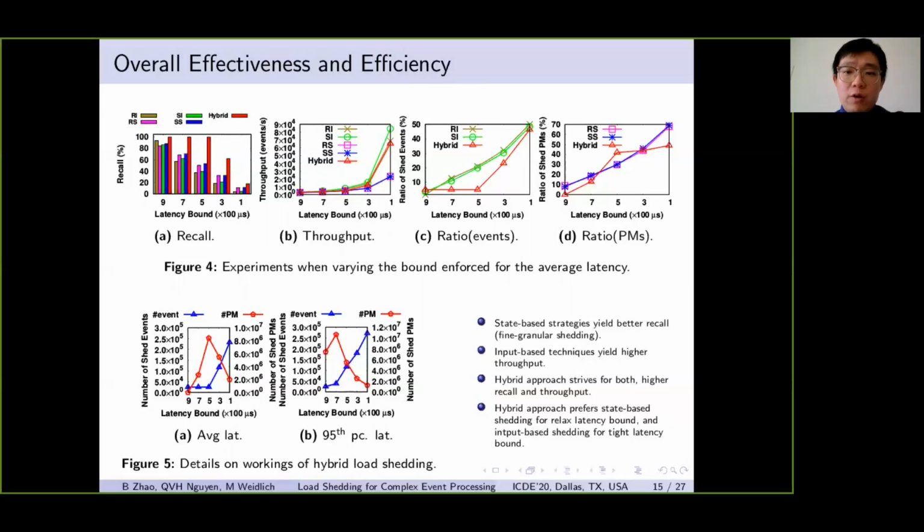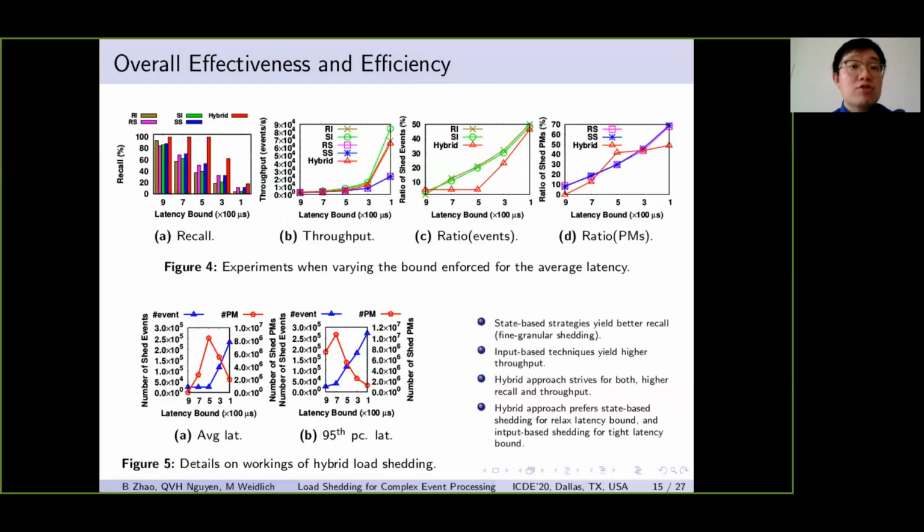From Figures 4c, 4d, and 5a, we can observe that the hybrid approach prefers state-based shedding for relaxed latency bounds. For tighter latency bounds, it prefers input-based shedding. There is a turning point at 500 microseconds.